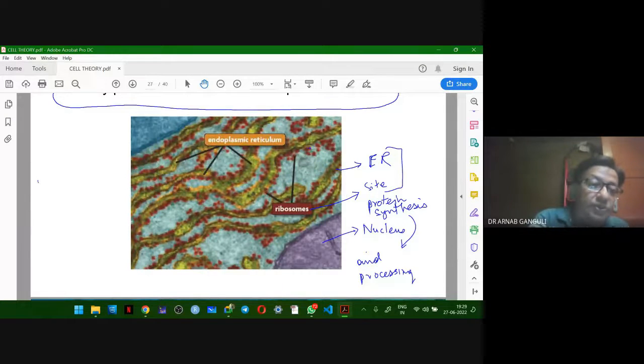So in ribosomes, protein synthesis takes place.